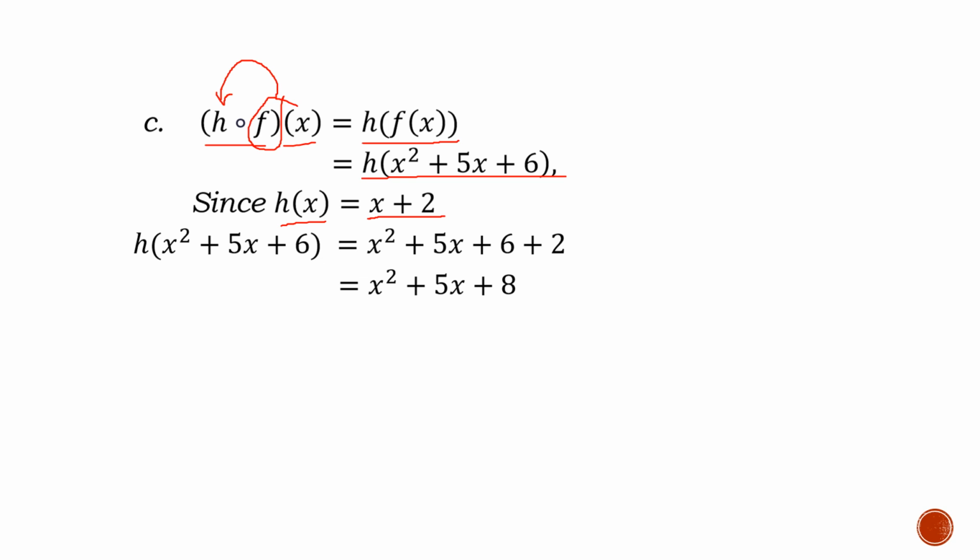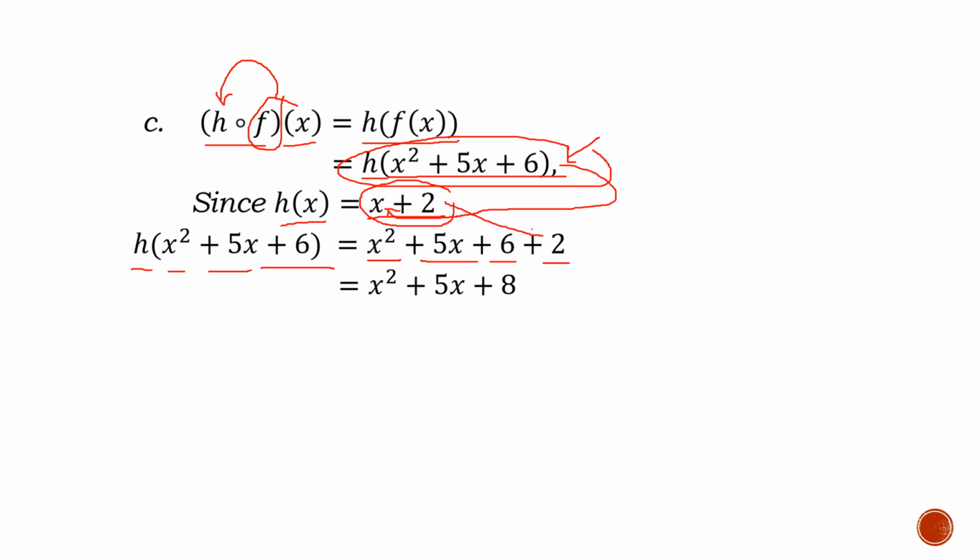We copy this portion, which is x squared plus 5x plus 6, plus 2. So we copy your 2 here.